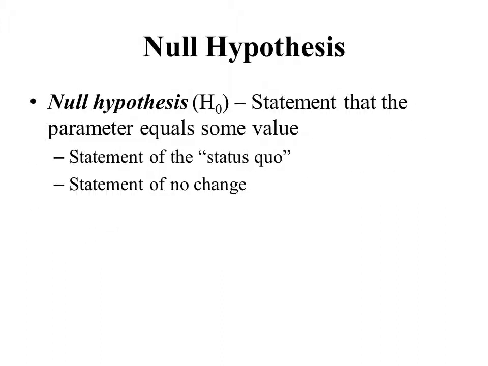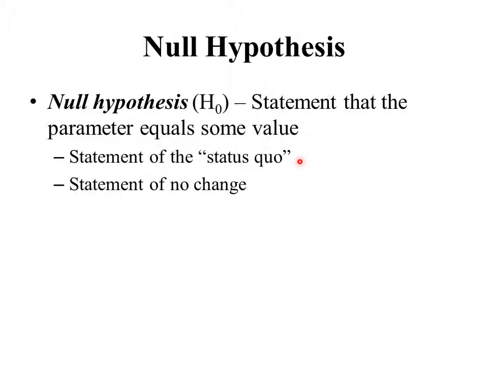Okay. Next, we're going to set up our hypotheses. And there's 2 of them. The first one is called the null hypothesis, and it's denoted with this symbol H sub 0. The null hypothesis is a statement that the parameter that we just defined equals some value.